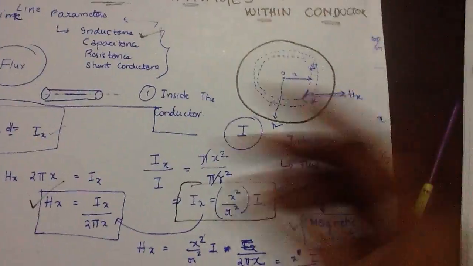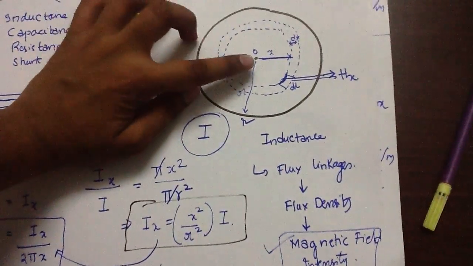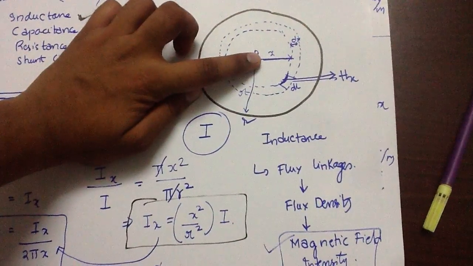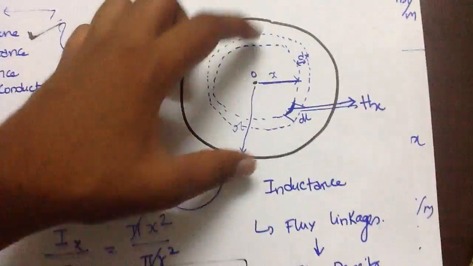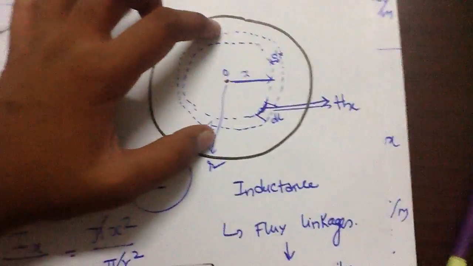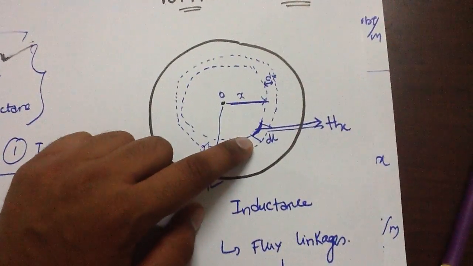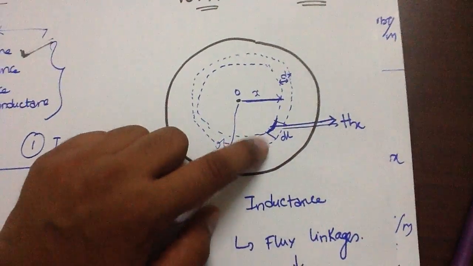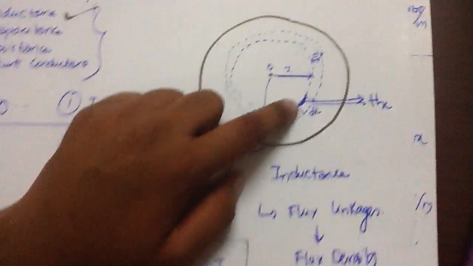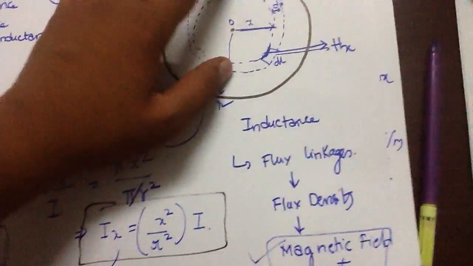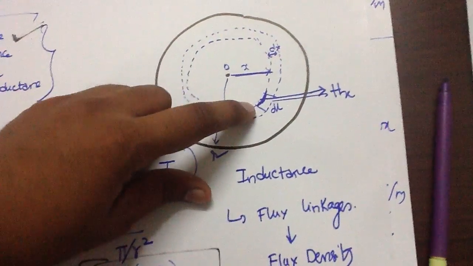So just a brief brush up of what we have learnt. We have a conductor of radius r. I am considering at a distance x from the center a tubular section, and I am finding the magnetic field intensity Hx at that point, where the differential length is dl, a small part on the circle of radius x.